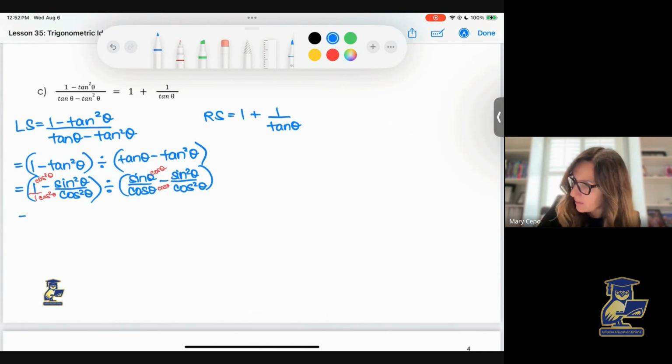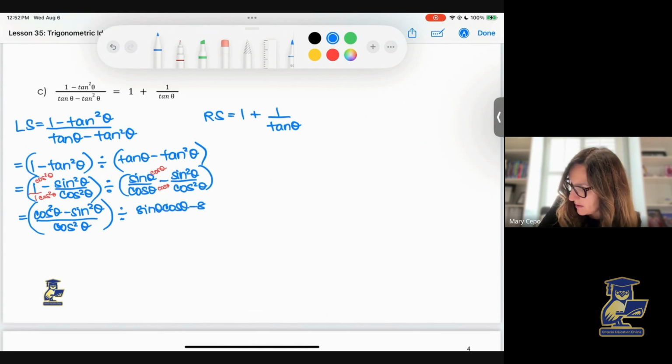So this would become cosine squared theta minus sine squared theta all over cosine squared theta, divided by sine theta cos theta minus sine squared theta all over cosine squared theta.